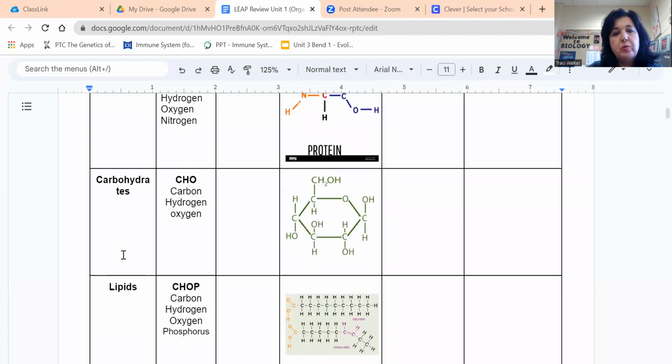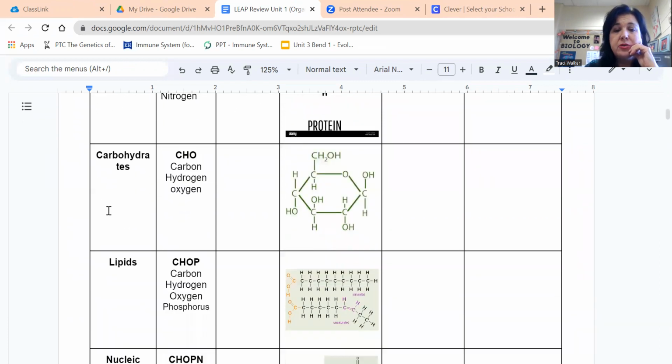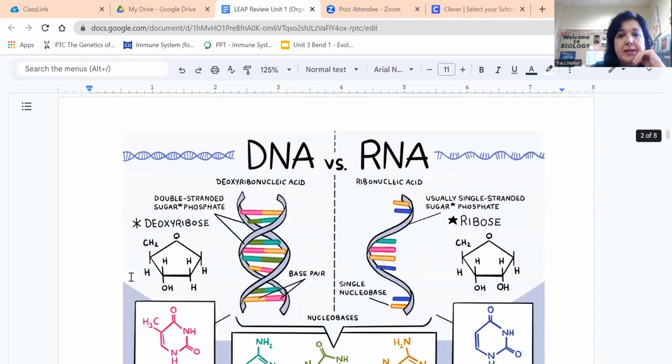And we get our carbohydrates, lipids, and proteins primarily from food. We get the components for the nucleic acids from food as well, but the nucleic acids have a very different job. And that's what we're going to learn about today.